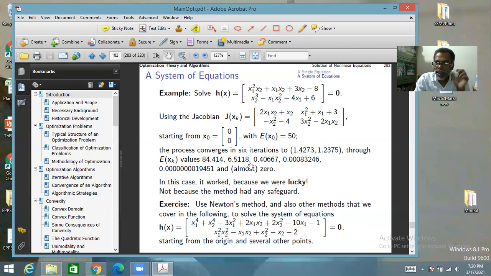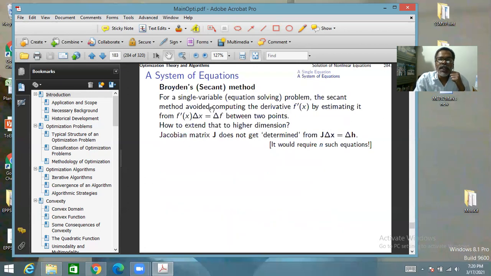Anyway, one method we learned, the Newton-Raphson method, which is the most basic one. Now, what about the second method? For a single variable equation solving problem, the second method avoided computing the derivative by using an estimate of the derivative based on this: derivative into delta x equals delta f between 2 points. Can we do such a thing in higher dimensions also?